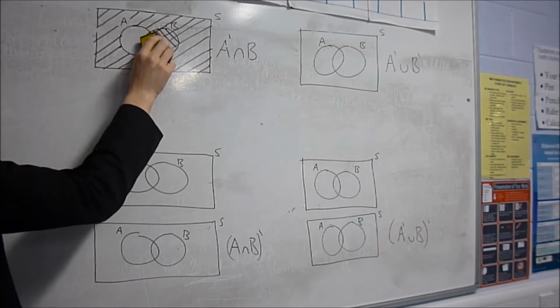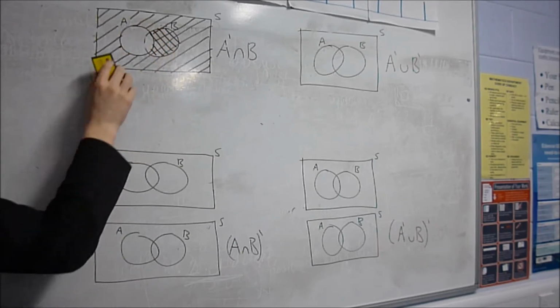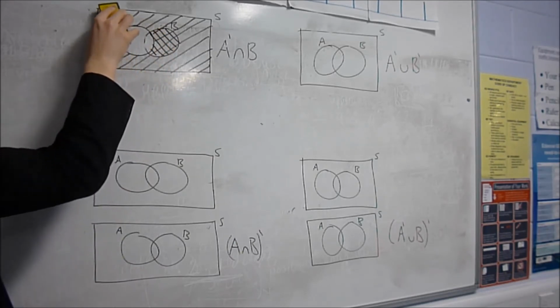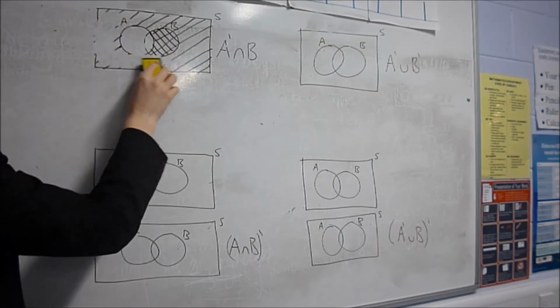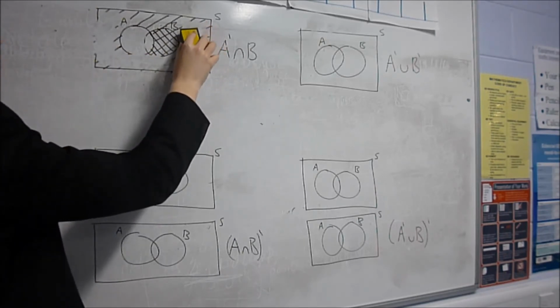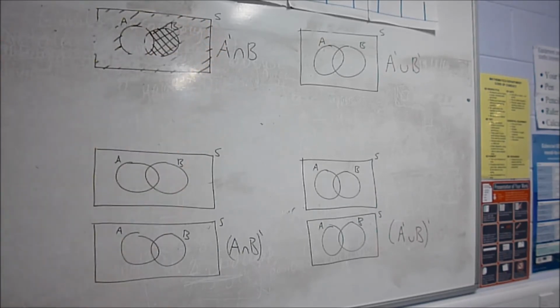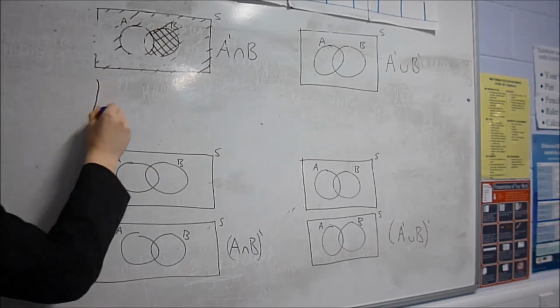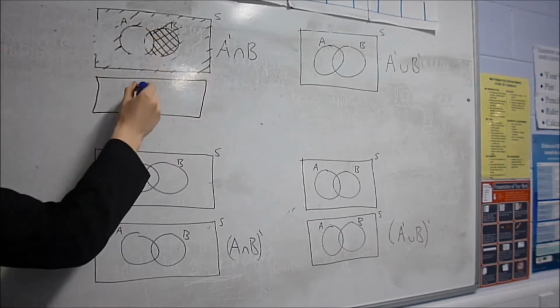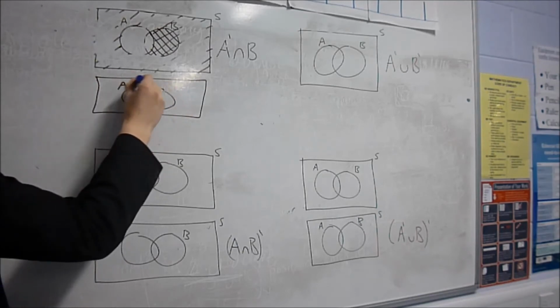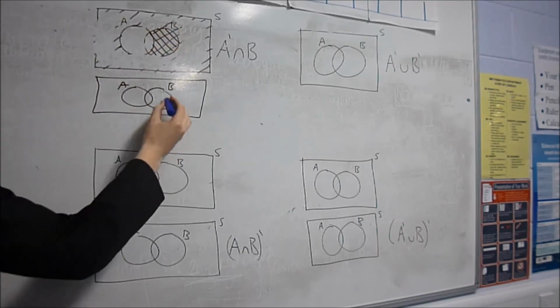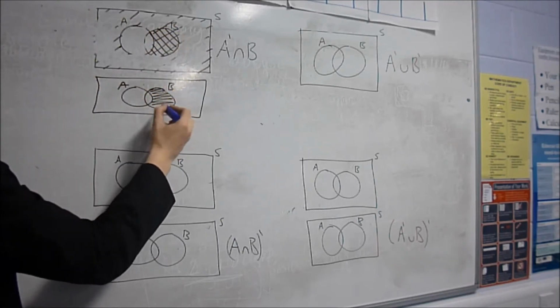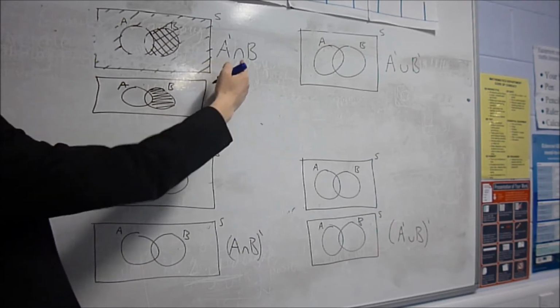This bit's only got a bit of hatching, so I don't need that bit. And then all this bit around the outside, I don't need that bit either. Sometimes what people do is they do that as a working method, and then underneath maybe say, okay, well, I've worked it out using my working, and I can put A and B again. I can say it was this area here that I was after. So that area there is the intersection of not A and B.